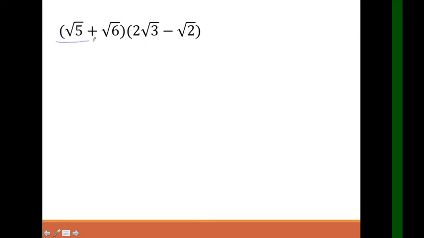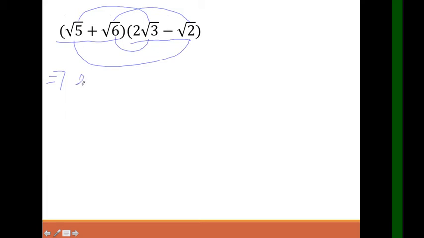For this part, we have two, again, binomials. So, we need to multiply this portion here, tapos itong mga nandito. Ayan. Okay? So, we will use the FOIL method ang sabi nila. Okay? So, first, multiply square root of 5 times 2 square root of 3.